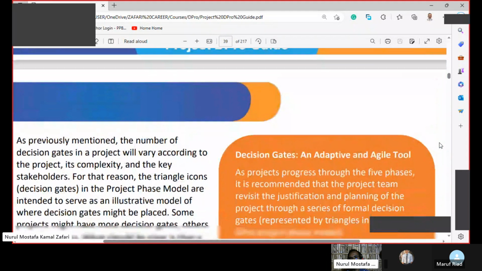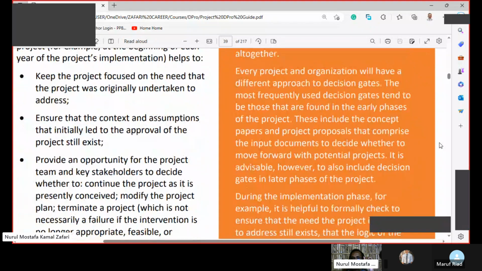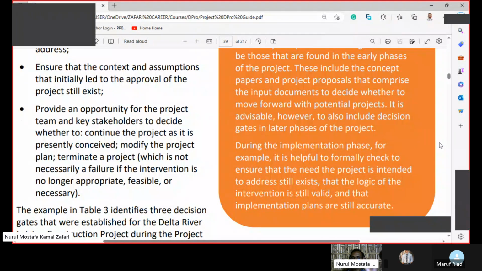Means, so we have to keep it in one point, that the decision gate is an adaptive and agile tool. It gives the project the expected agility that is required to ensure that the log frame, means the logical framework, the project logic is still valid, and we have to check that through the decision gates we can ensure that the implementation plans, for example, the procurement plan, the MEAL plan, the HR plan, the purchase plan, the risk management plan, all the plans are accurate.